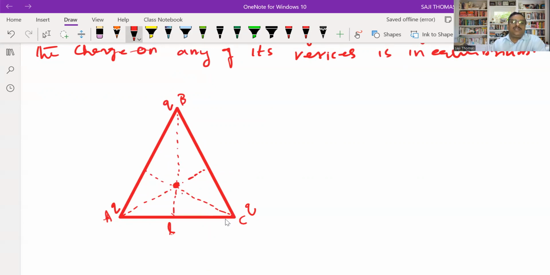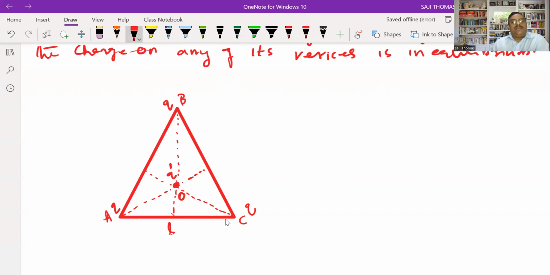You name this point as O. You need to place a charge, which you take as Q dash, such that the charge on any of the vertices is in equilibrium.